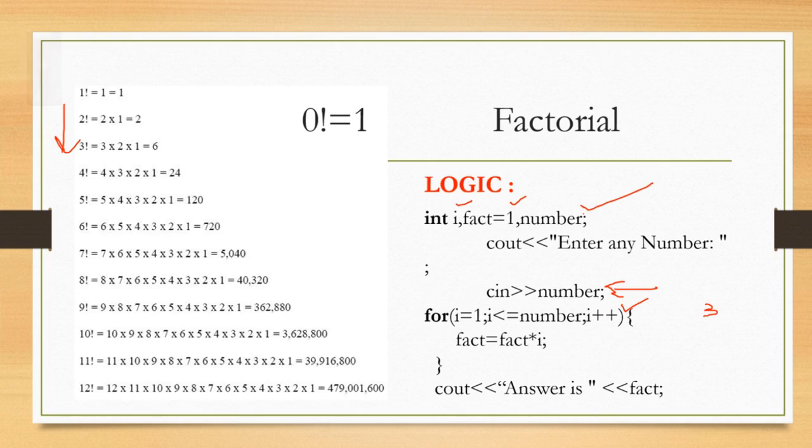So factorial will be equal to factorial into 1. So factorial right now has the value of 1. In the next loop, i will become 2. So the factorial will become 2 into 1, right?